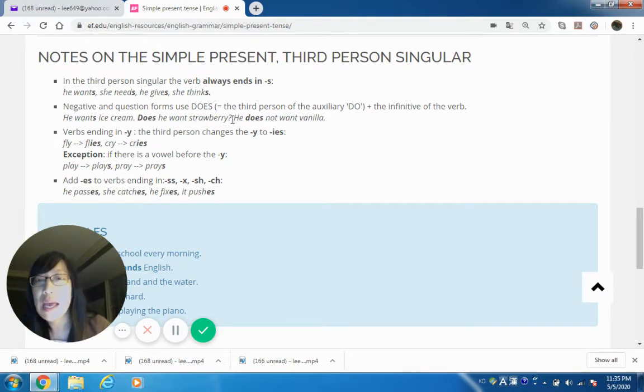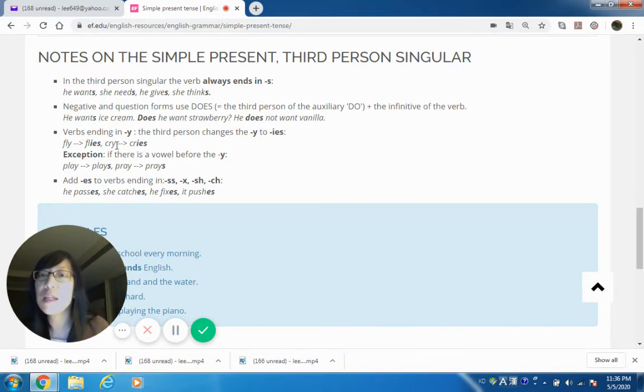Without adding any additional meaning, it flips the sentence. He wants ice cream. This is the base sentence. Does he want strawberry? Does, that's the helping verb, auxiliary. After that, you need the infinitive, which means the base, or the main form, original form.